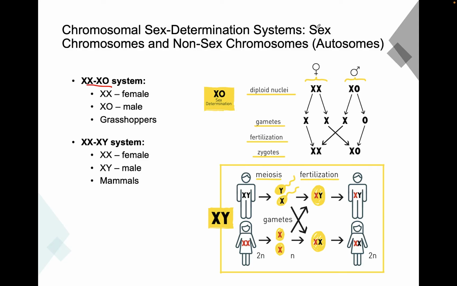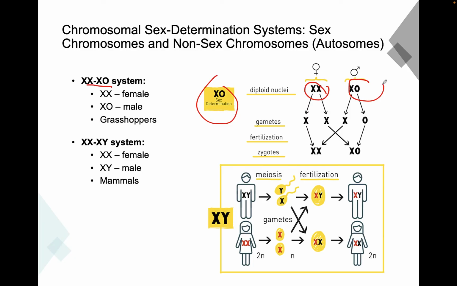In the XO system, females have 2 X chromosomes and males have 1 X. There is no O chromosome. It is just a place filler, signifying the absence of another X chromosome.